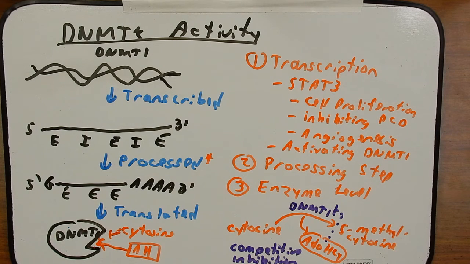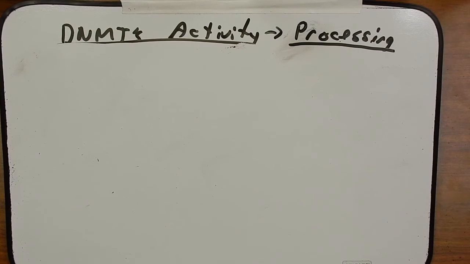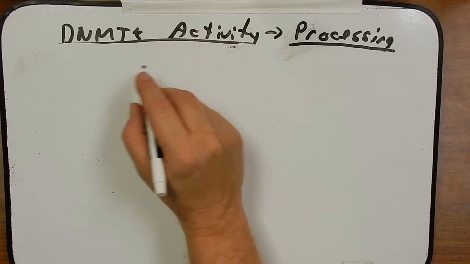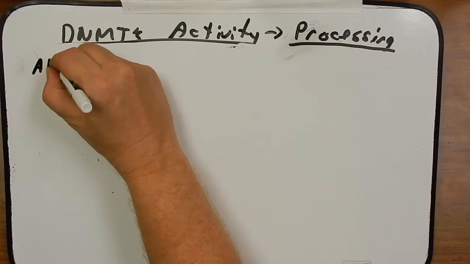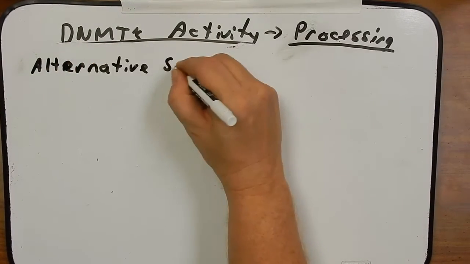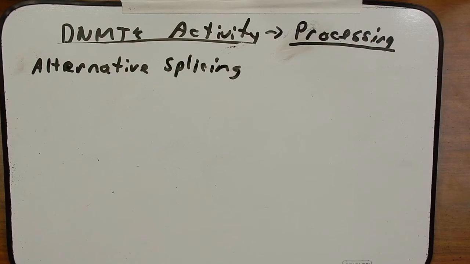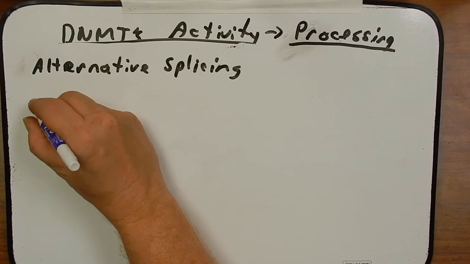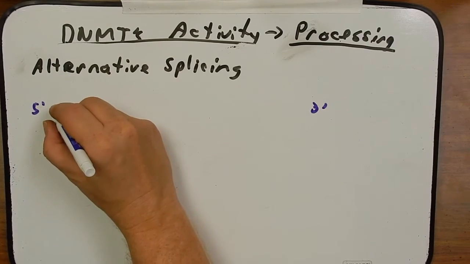Okay, I want to talk a little bit more about how DNMT1 is regulated at this processing level. More specific than just processing, I want to talk about how DNMT is regulated by alternative splicing. And this DNMT gene is a fairly long gene, and so I'm just going to draw a brief diagram of it.